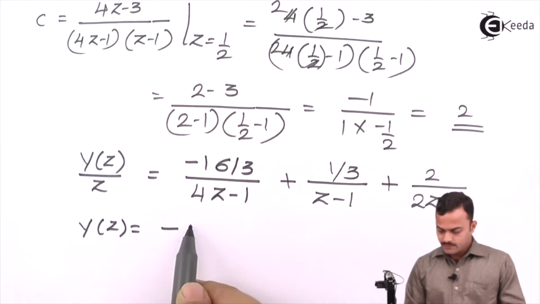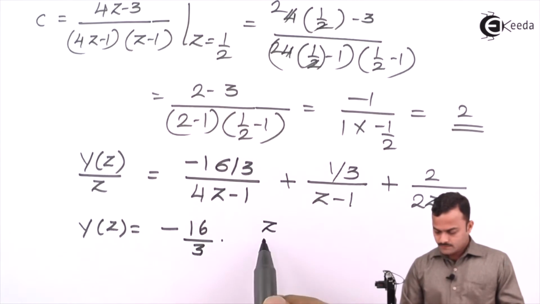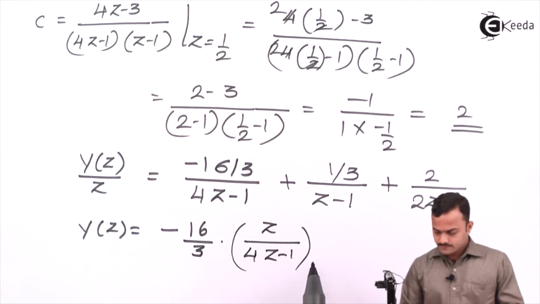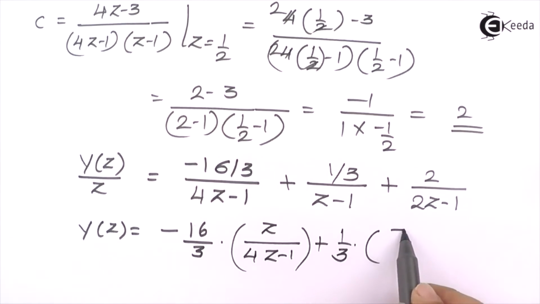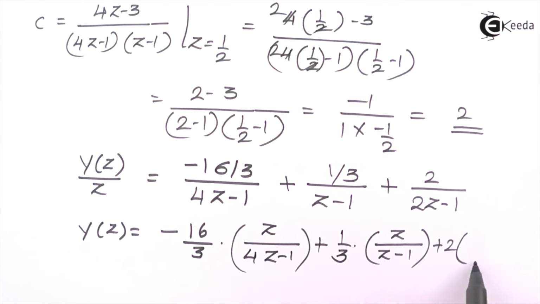So in the end it will be minus 16 by 3 into z upon 4z minus 1, plus 1 by 3 into z upon z minus 1, plus 2z upon 2z minus 1.